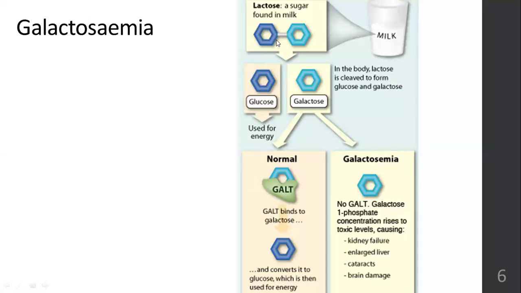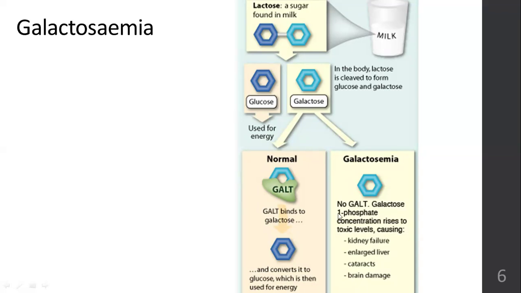But galactose, when a person is normal, there is GALT. This is a galactose enzyme. This enzyme will bind to galactose. It will convert galactose into glucose, and then it can be used as energy. This is what happens to a normal person.